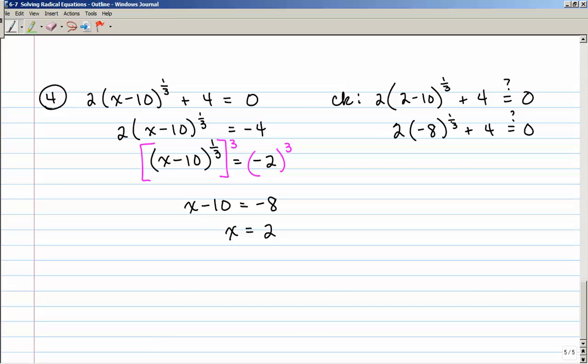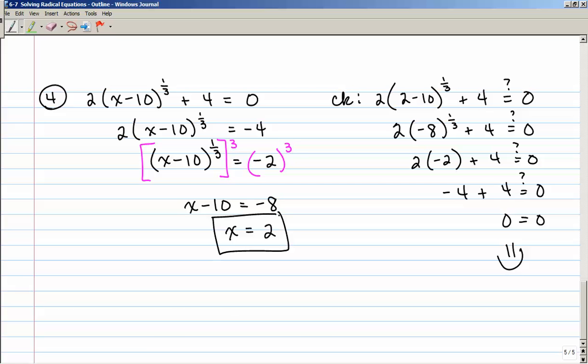PEMDAS says we have to do exponents first. So I need -8 to the 1/3 power. That's the same thing as saying the cube root of -8. If that doesn't jump into your head right away, use your calculator. It's actually -2. Plus 4, is that equal to 0? -4 plus 4 does indeed equal 0. And that one works, so my answer is 2.